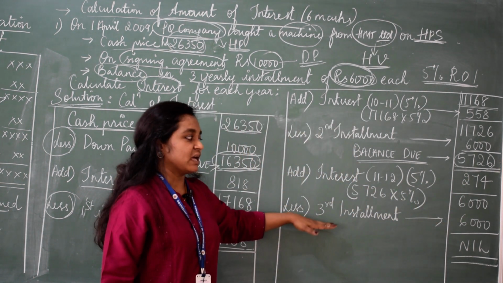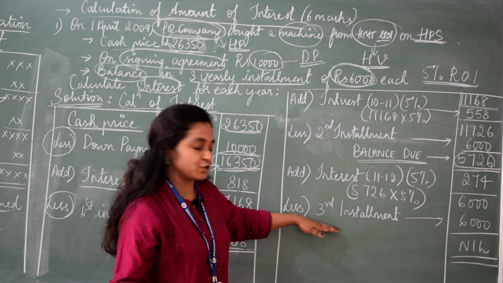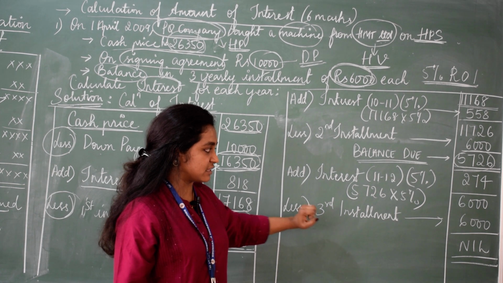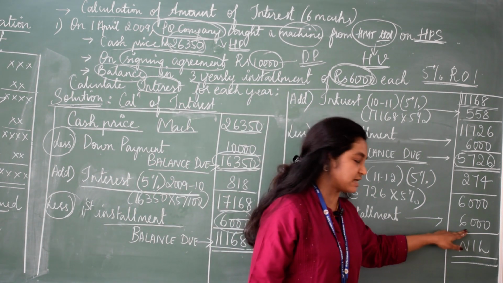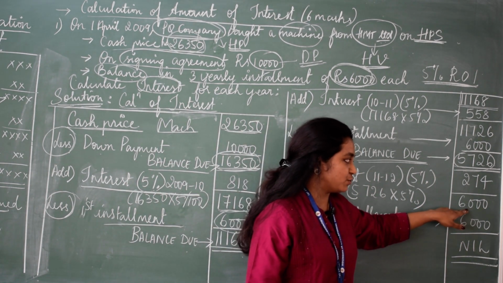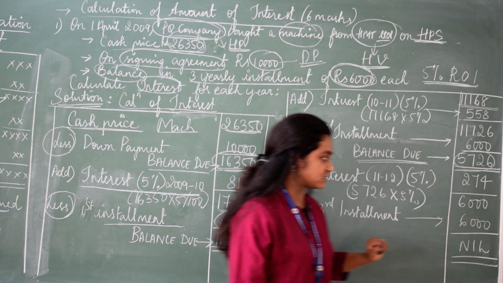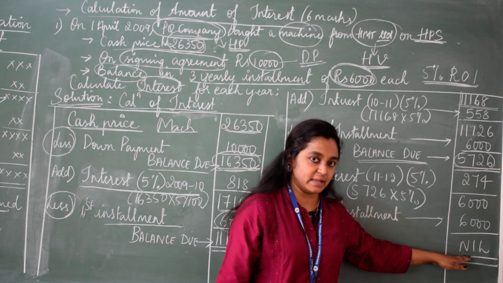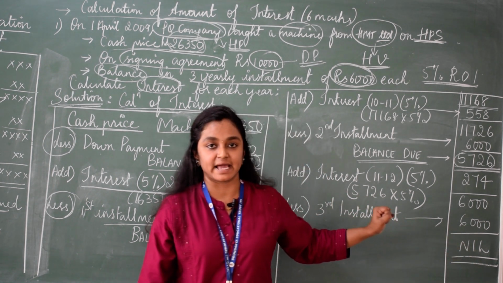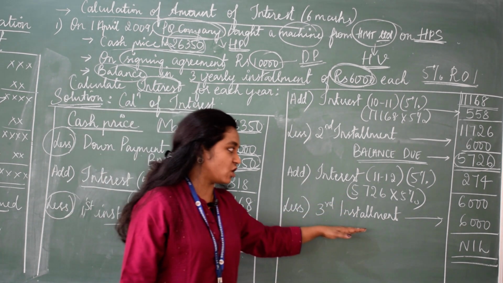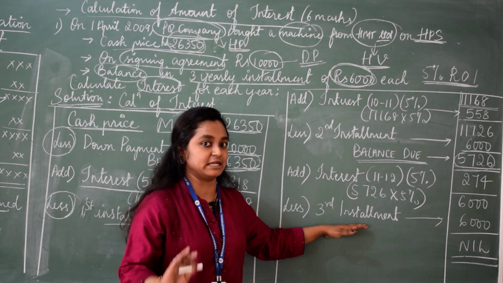Here, one important note that you all have to keep in mind is that the installment in the third year that we are paying is 6,000. The balance due is also 6,000. 6,000 minus 6,000, the value should become nil. This is the rule of the hire purchase agreement. Once the agreement reaches its last date, all installments have to be completed with interest.